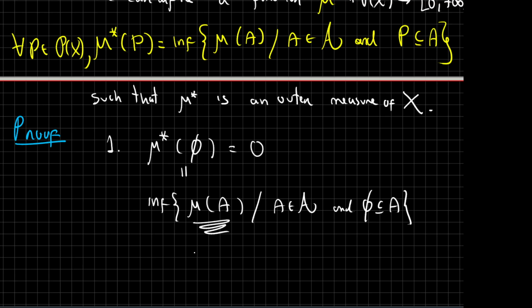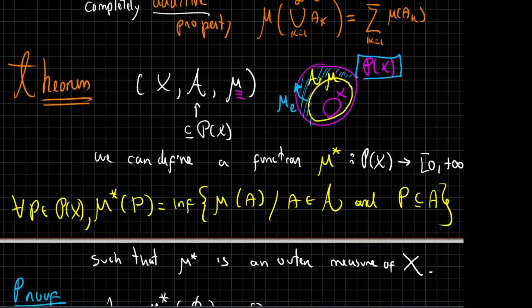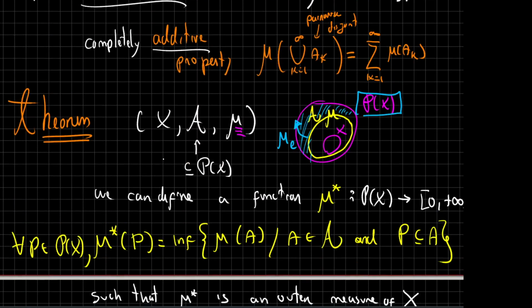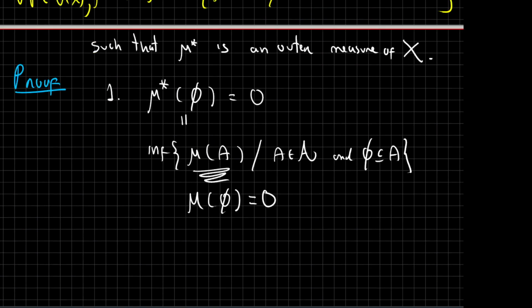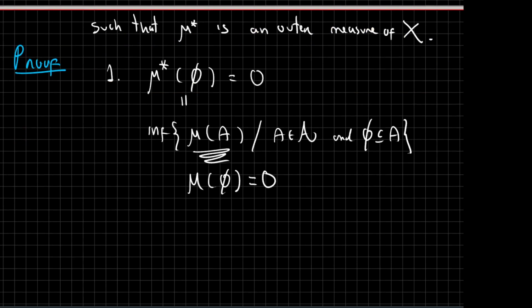So we know that the value of the empty set is equal to 0, well, whenever the measure is not trivial, right? So we can perhaps add that here, that this is not trivial. It is perhaps obvious that it should be not trivial, but it is important to add it.